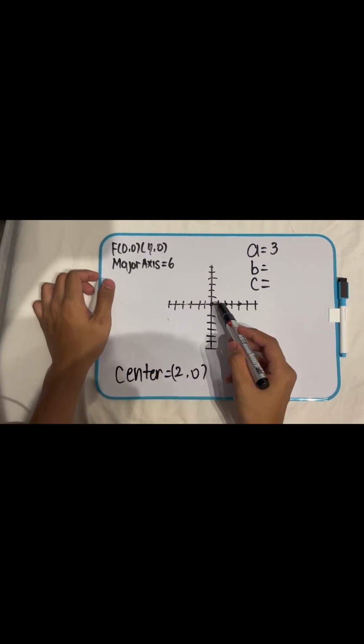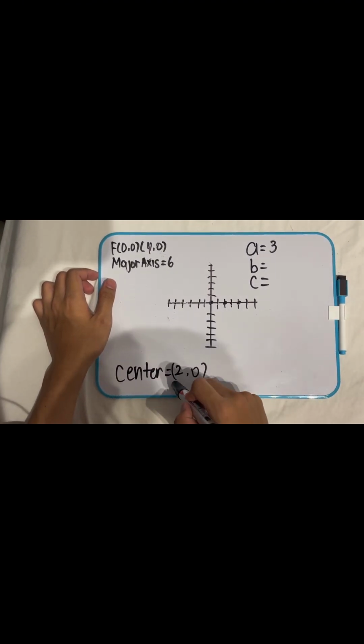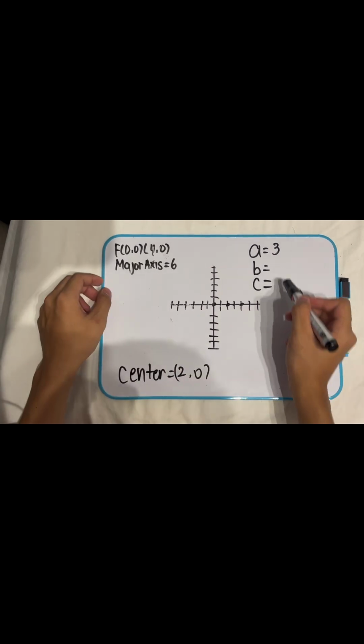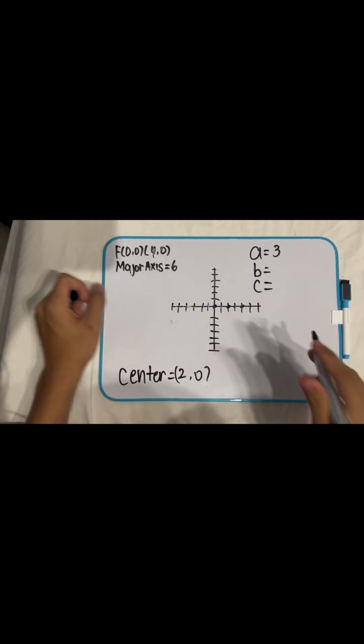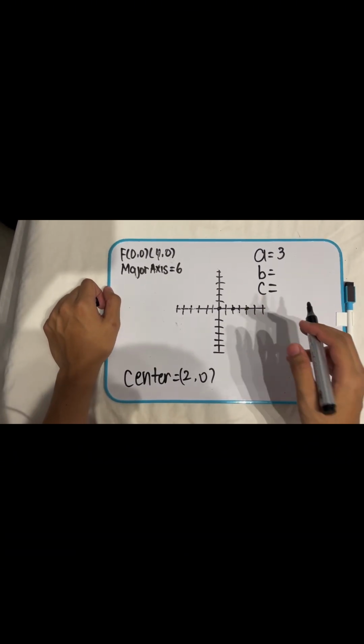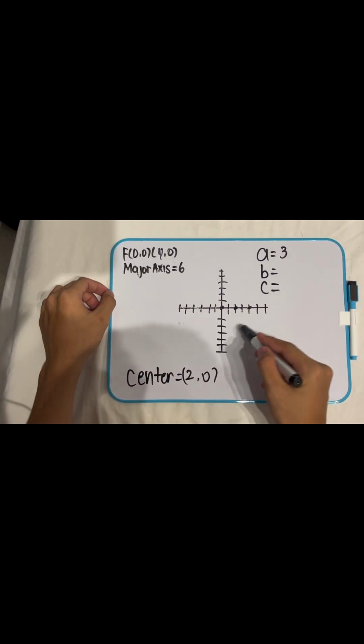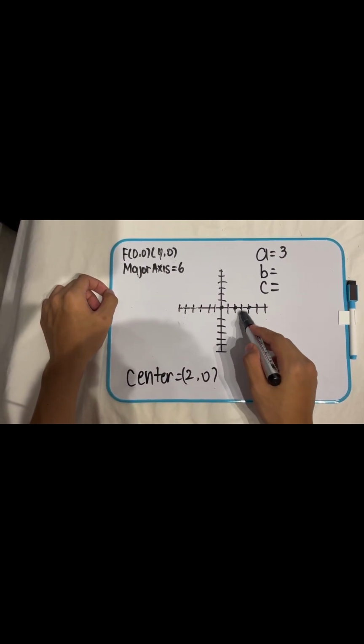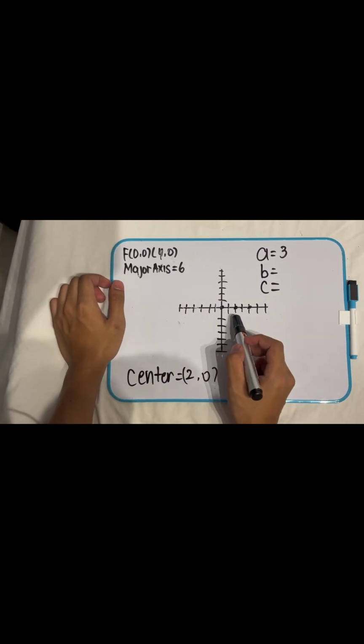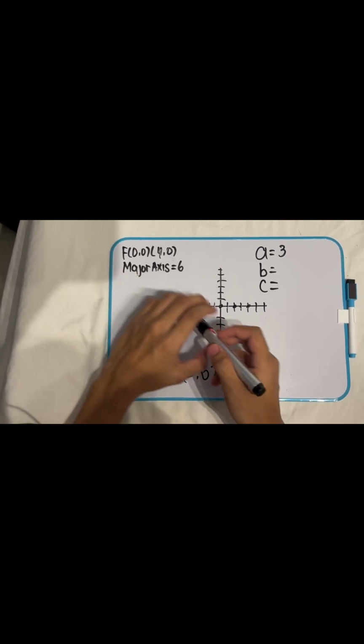So we count 1, 2 to the right, since it's positive, so we get 2. To get the value of our C, we have to count from center to focus. From center, 1, 2, 3. So, from center to focus, the distance is 3.